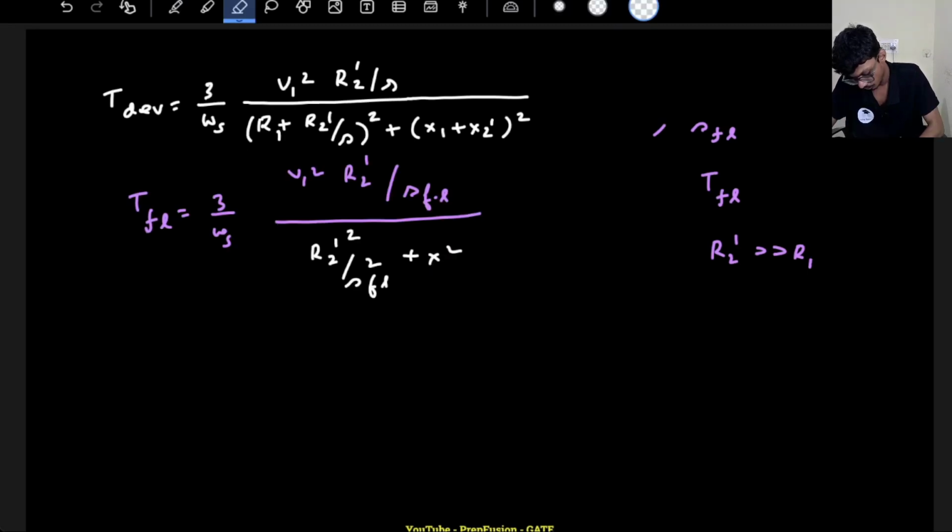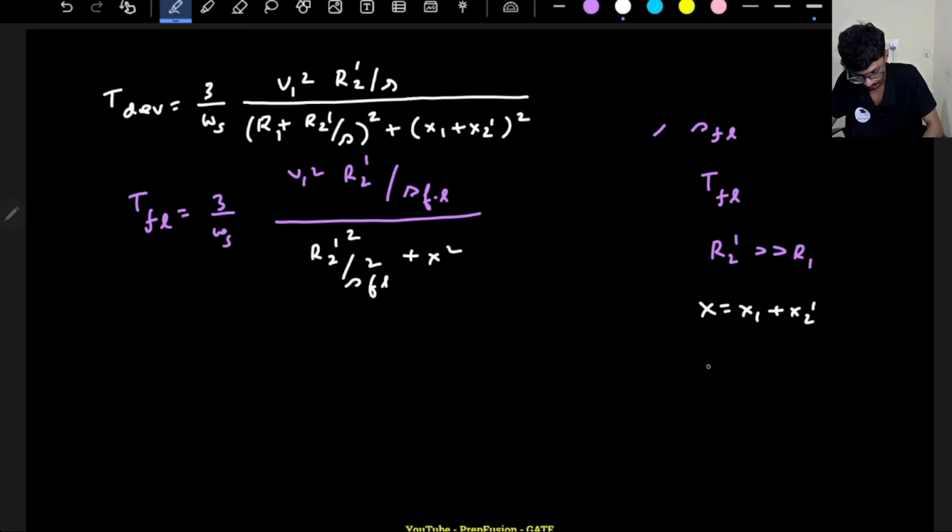Okay, so one more thing, the full load torque, one mistake I made: X is equal to X1 plus X2 dash, right? But remember, what is my X2 dash equal to?